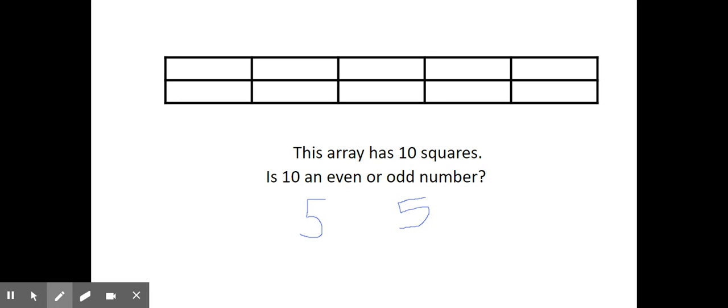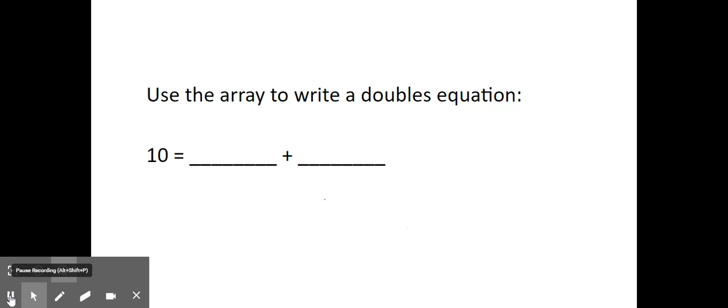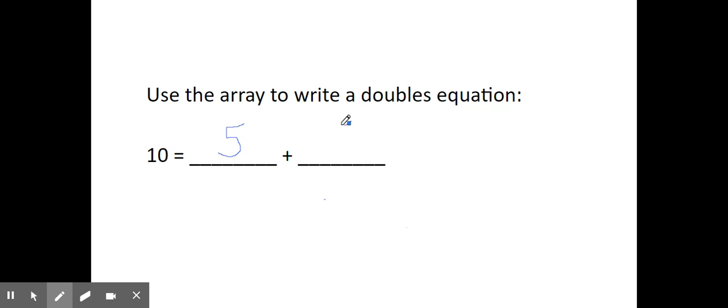You could also draw a picture to help you. So that means that 10 is even because it can be divided into 5 and 5. Just like we talked about, we know 10 is even because it can be split into 2 equal parts. Now we can write a doubles equation. 10 equals 5 plus 5. If you can write a doubles equation for a number, then it is definitely even.